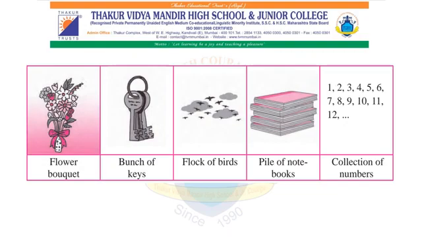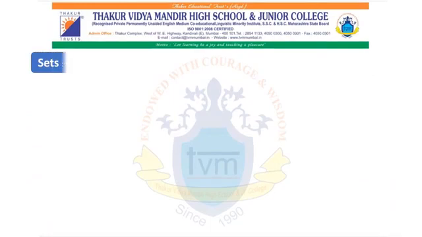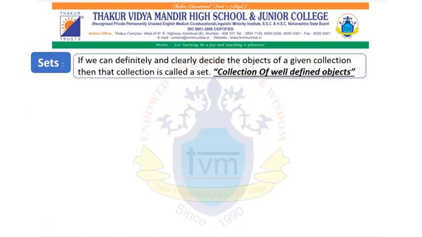We call the collection of such objects a set. So let us define sets. If we can definitely and clearly decide the objects of the given collection, then that collection is called a set. In short, we can say collection of well-defined objects.